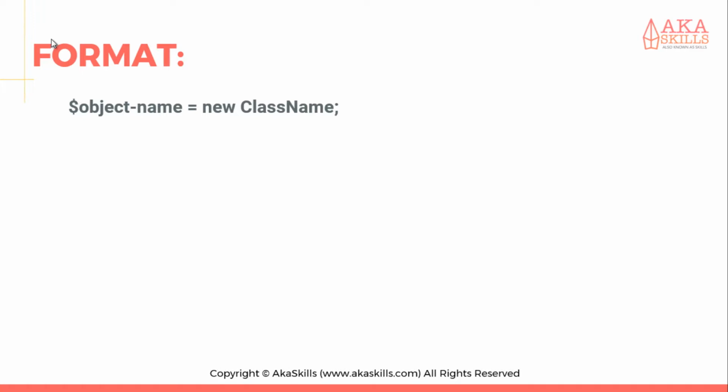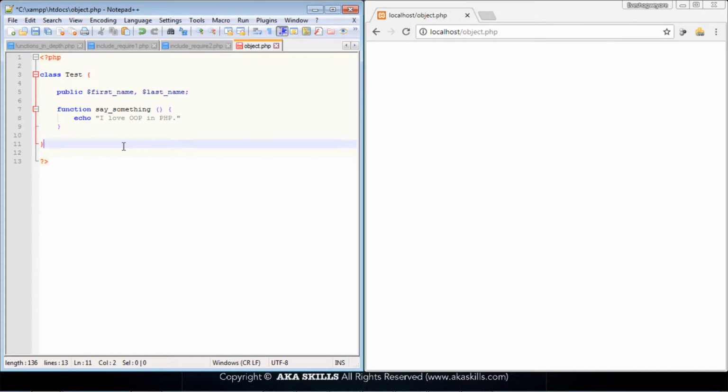So what we are saying here is we can create an object from here. For example, I could create an object, say object equals to, then the new keyword, and then the name of the class. Alright, I'm using object here.